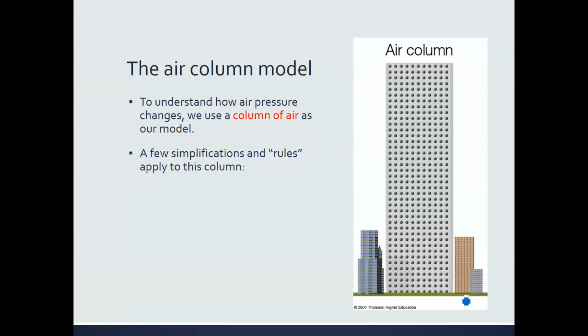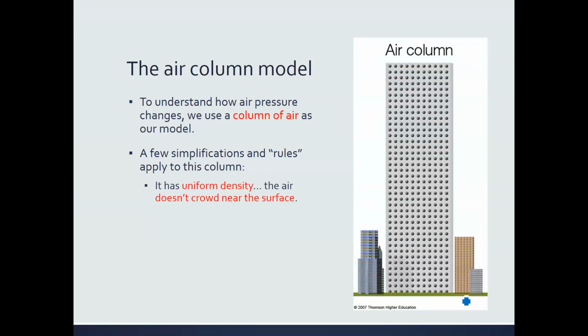And as I said, because it's a model, we take away complexities. We simplify the model. And here's how we simplify this air column model. The first thing is that, unlike the real atmosphere, which behaves like that pyramid of cheerleaders, we actually don't have crowding near the surface.